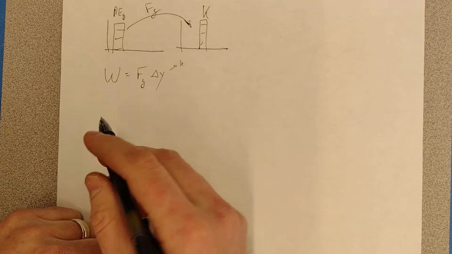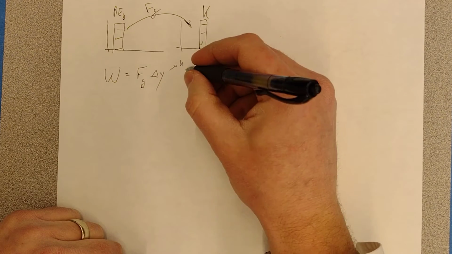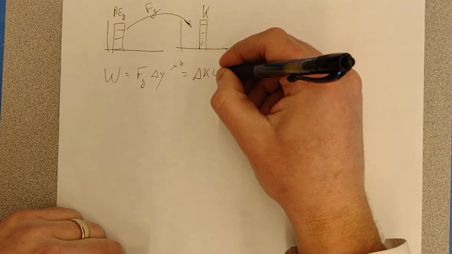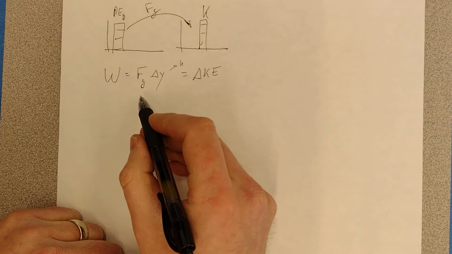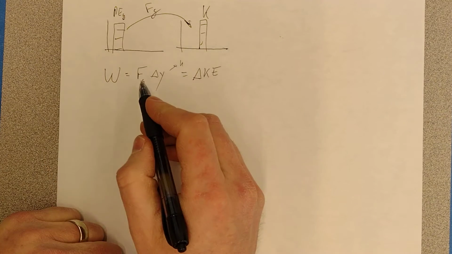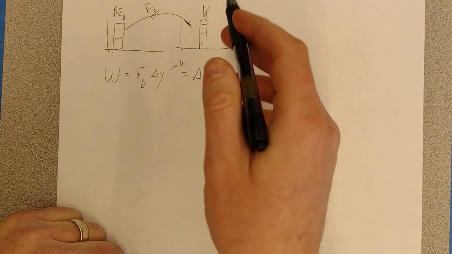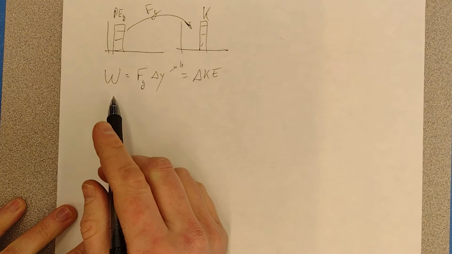Usually we treat it very loosely like that, force times distance. We get the work done, and we say that equals the change in kinetic energy. So whatever work is done causes the kinetic energy to change. Now, I'm using PEG, KE, I'll try to get U_G and capital K, but it's hard to switch between the different classes.